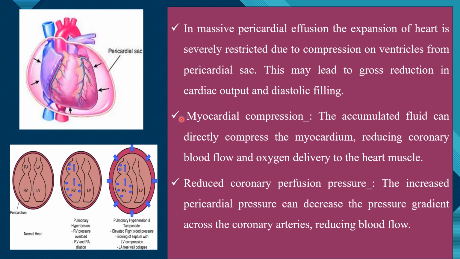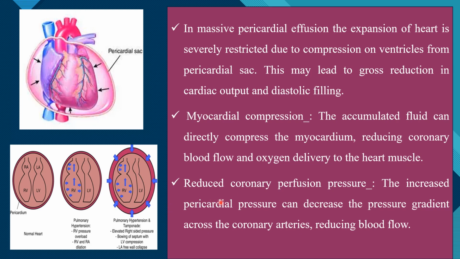So this accumulated fluid in the pericardial cavity will cause myocardial compression also, reducing the coronary blood flow and oxygen delivery to the heart muscle. And we know that anything that shortens the diastole and reduces the diastolic filling will affect the coronary blood flow.